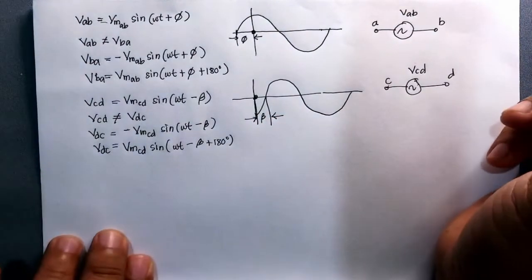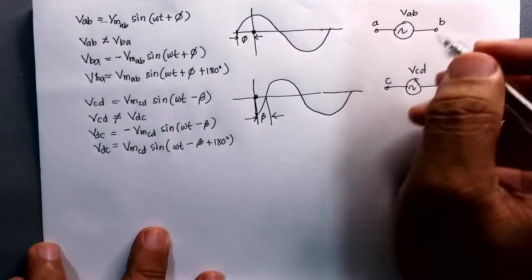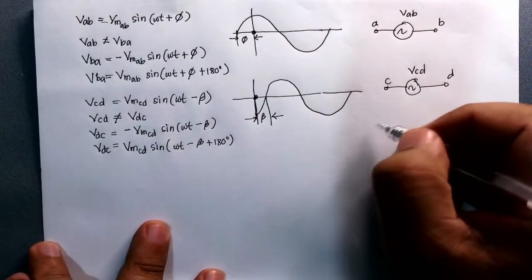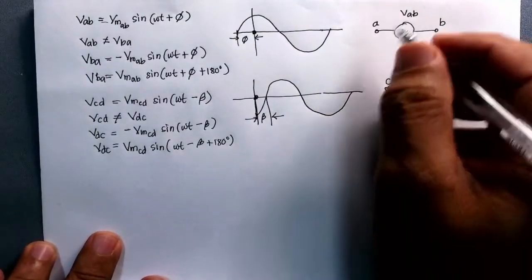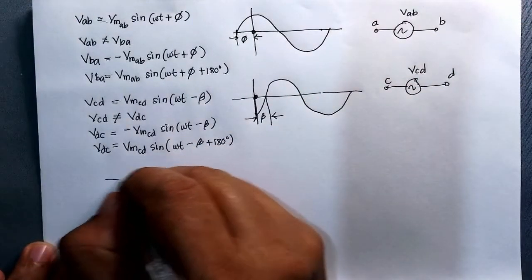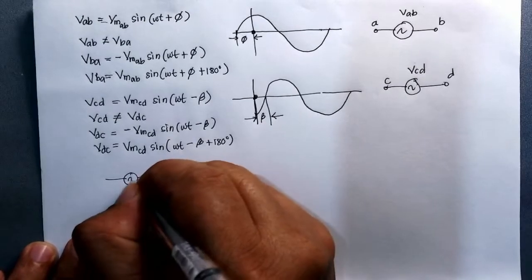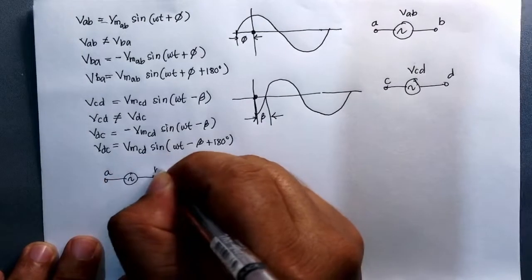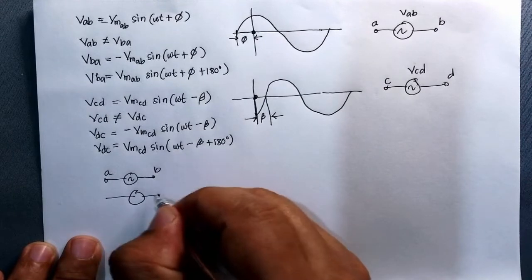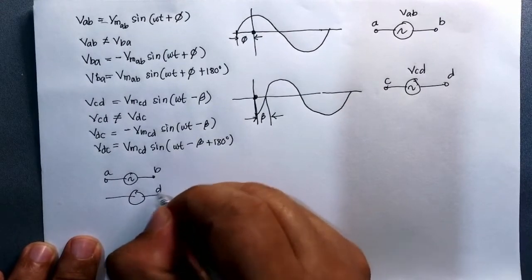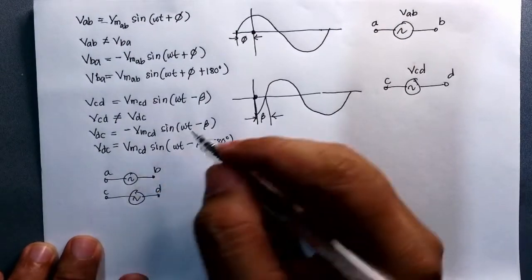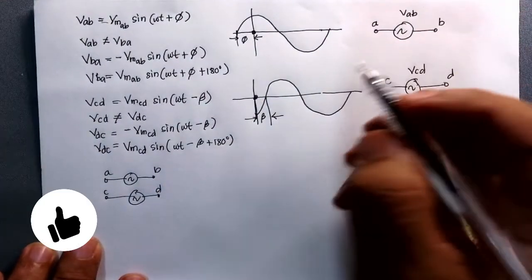Okay, so therefore, since we have this schematic diagram for V sub AB, okay, this is AB, and another one here, let's say this is D and C. So we have two voltage sources. We can connect them in two different ways.